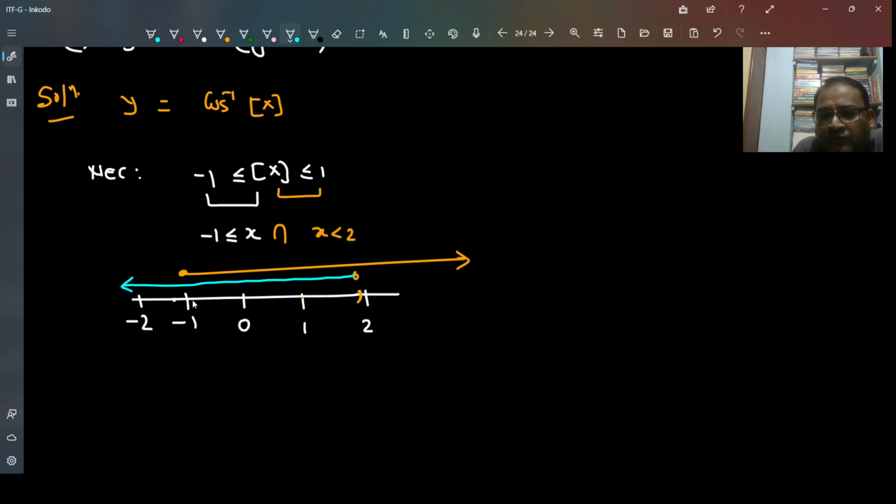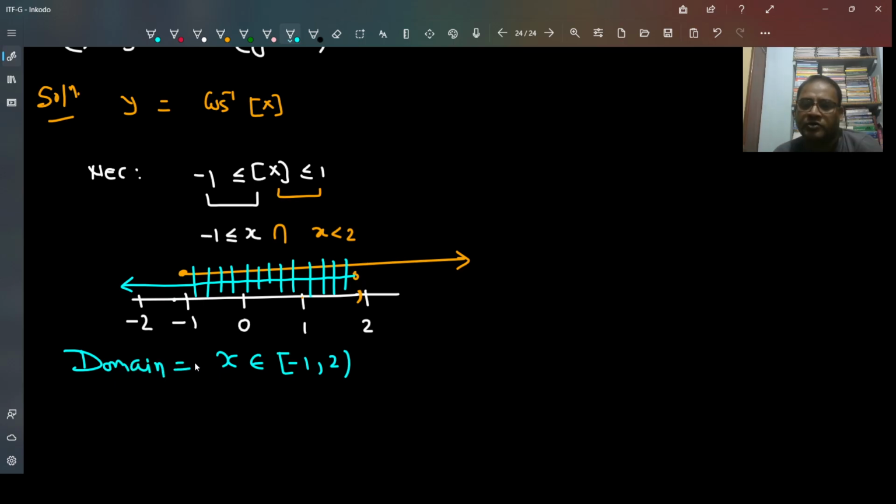Can you notice what the intersection region is? This one. So our x lies between -1 and 2, open bracket. So this is the domain of the function cos inverse of box of x.